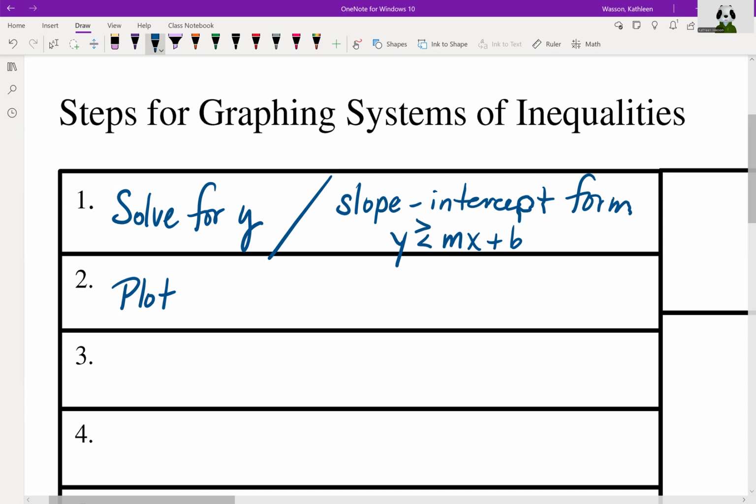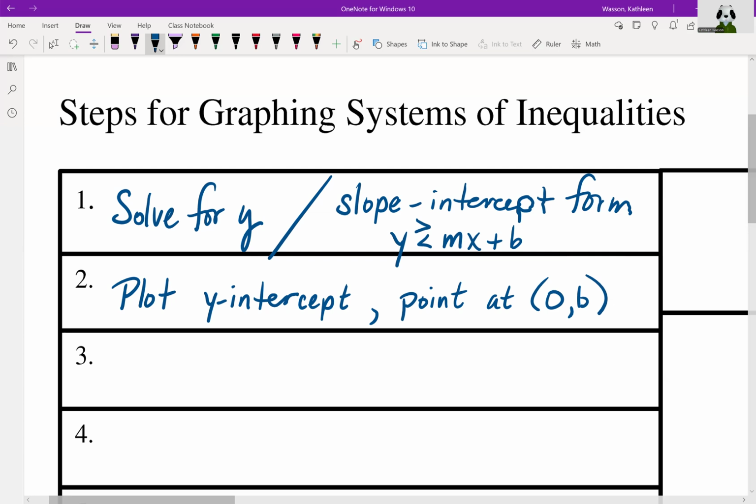So we'll plot the y-intercept. There'll be a point at (0, b), where your graph crosses the y-axis.